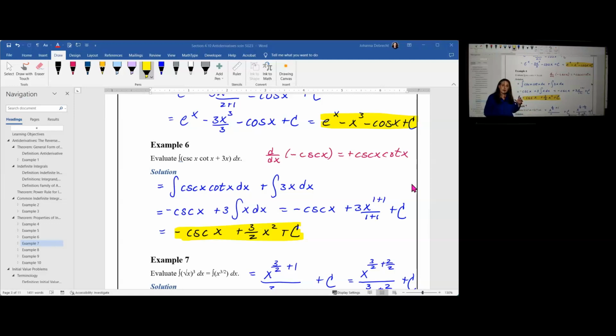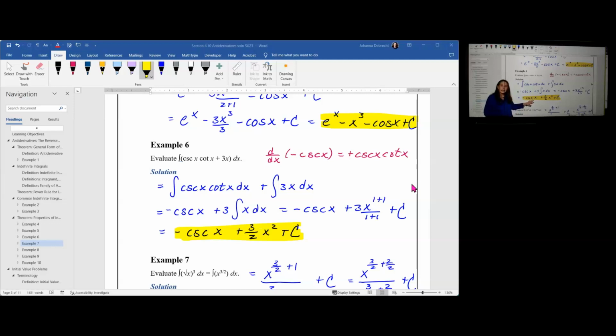I know that the derivative of negative cosecant would give me a positive cosecant x cotangent x. So its antiderivative is the function negative cosecant. I can factor the 3 constant to the front of the indefinite integral and apply the power rule to the integrand x, obtaining x squared divided by the new power of 2, then multiplied by the constant 3.